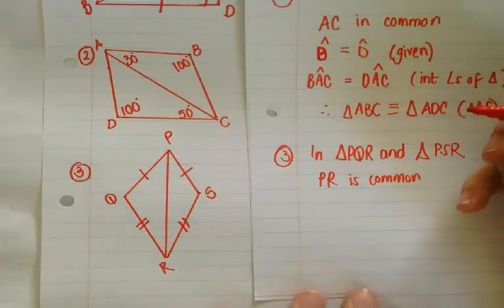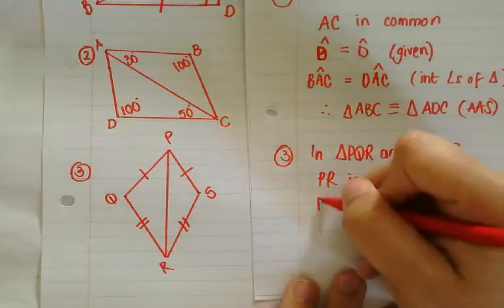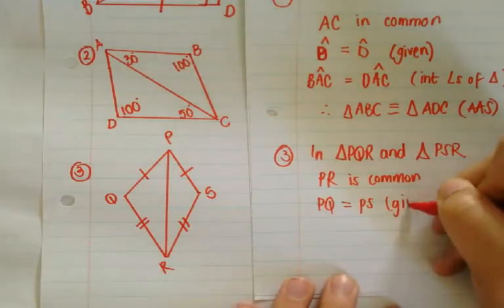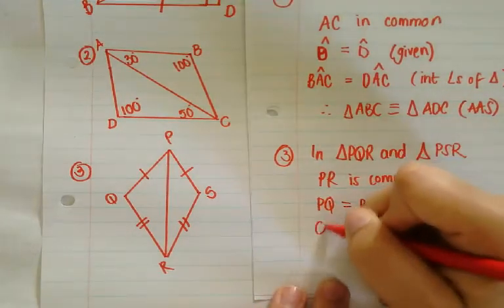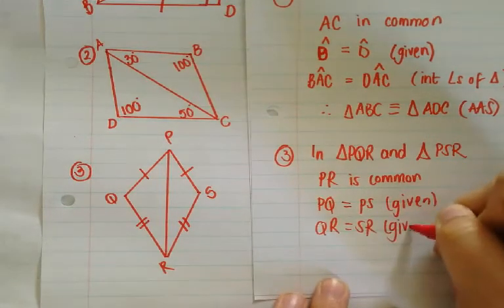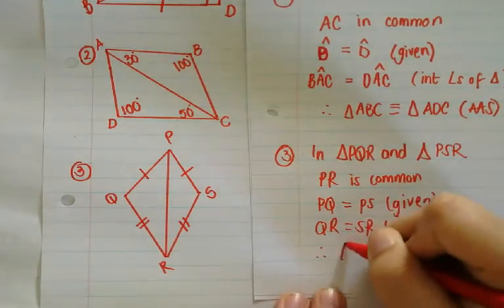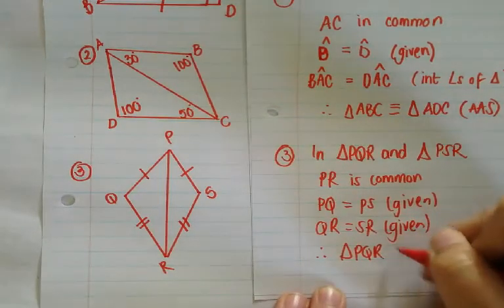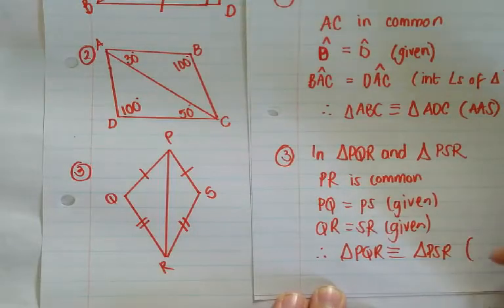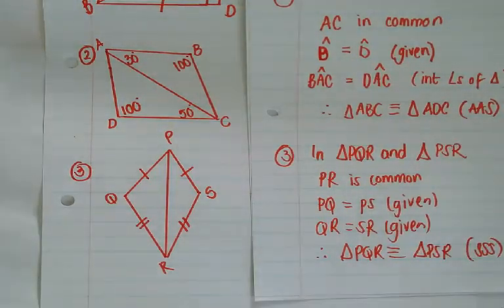PQ equaling PS is given, QR equaling SR is given, and therefore triangle PQR is congruent to triangle PSR, and my reason? Side, side, side. Okay, what I'm going to do now is give you 4, 5, and 6.